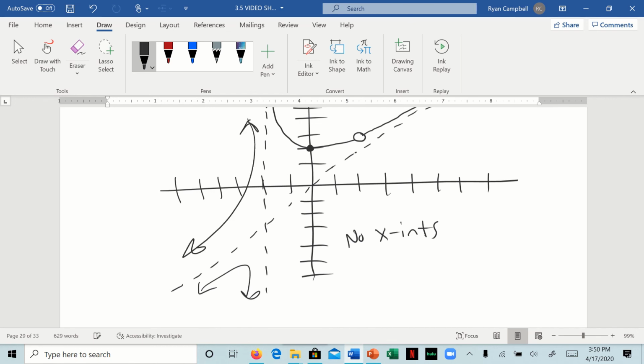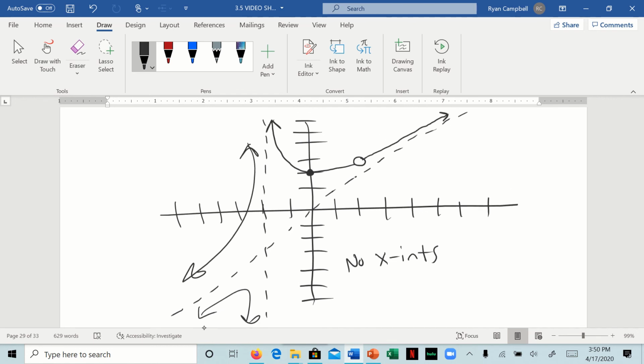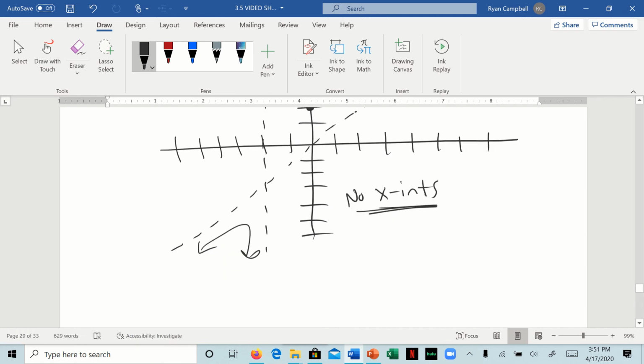If it goes above, and it gets closer and closer to y equals x, at some point it's going to cross the x-axis. But since it never crosses the x-axis, we can see logically it can't be up here. So it actually has to be down here. And it's going to look something like that, right?